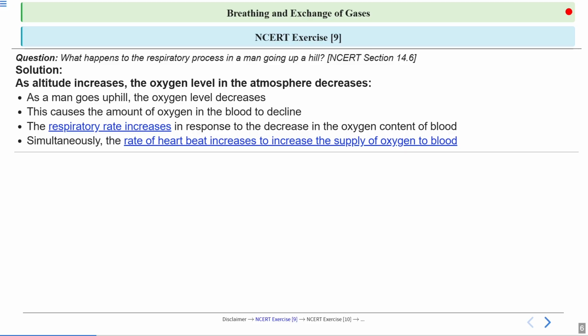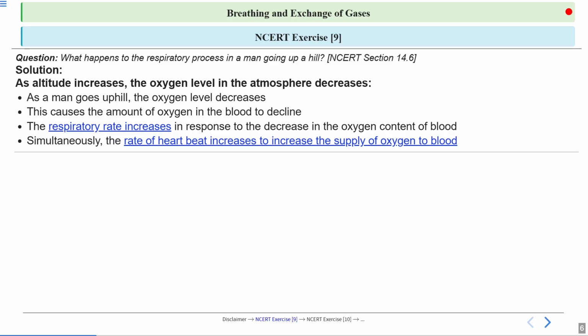In that way, whatever oxygen is required by our body is provided by changing these two things, right? I hope you understand this question.